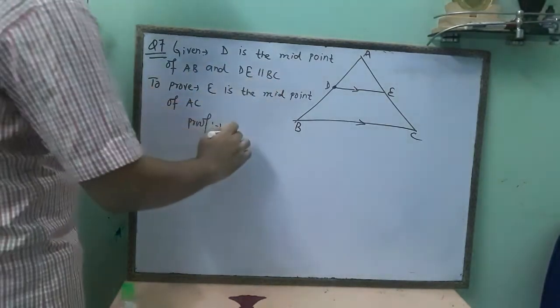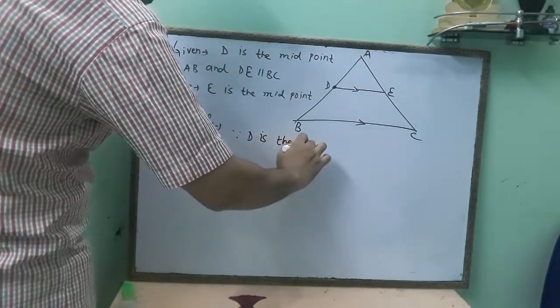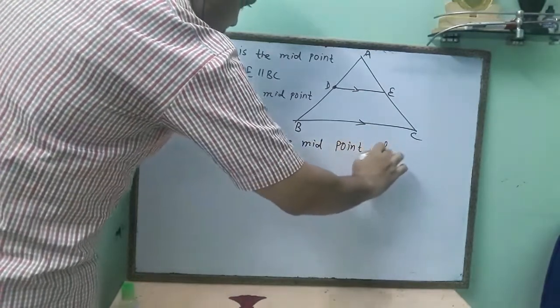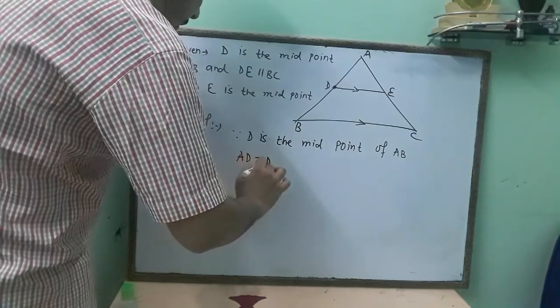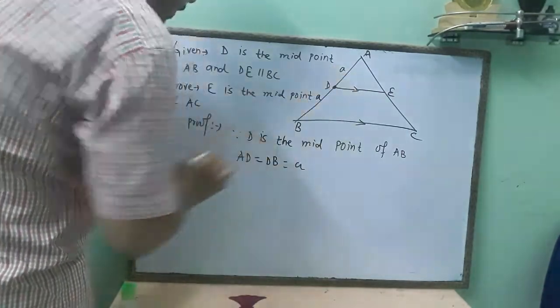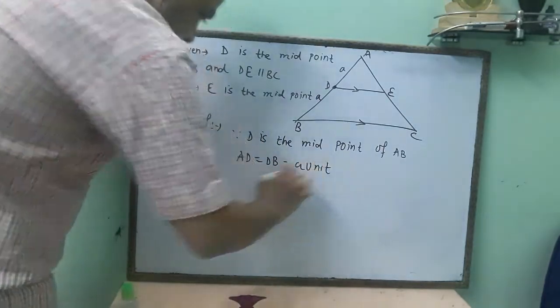Since D is the midpoint of AB, we can say that AD is equal to DB. Let's say AD is equal to DB is a units.